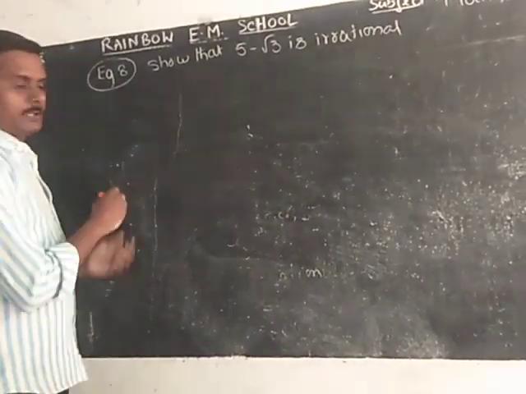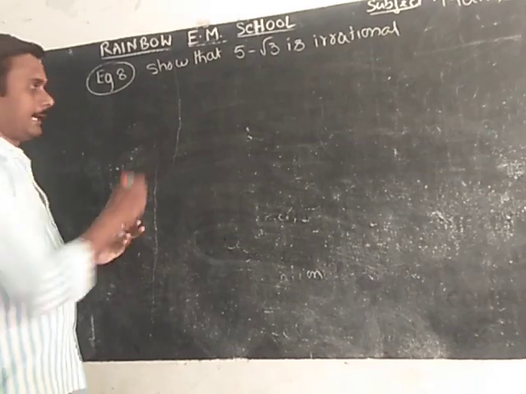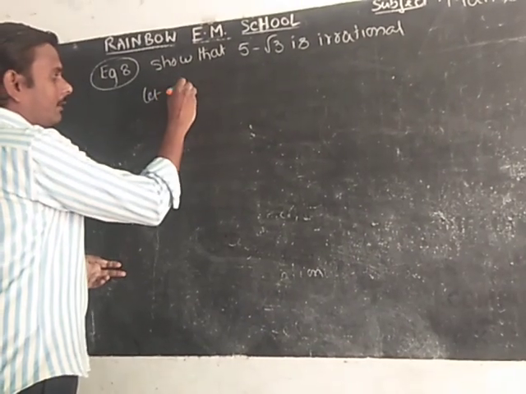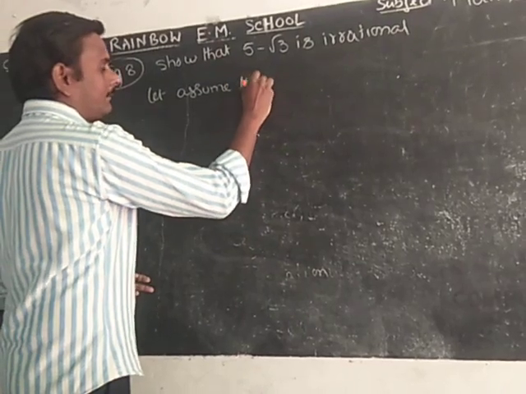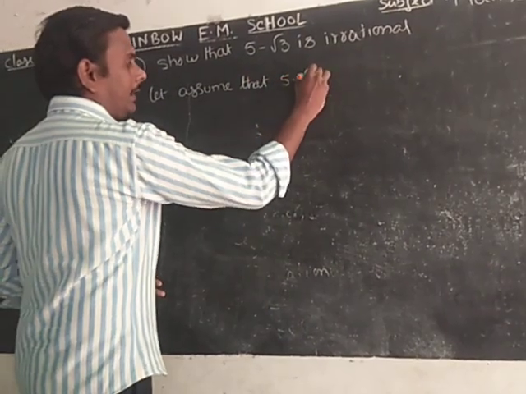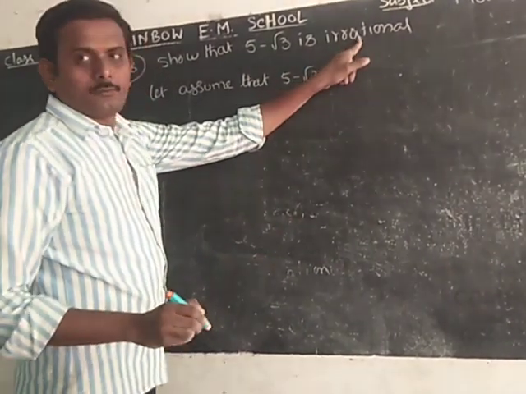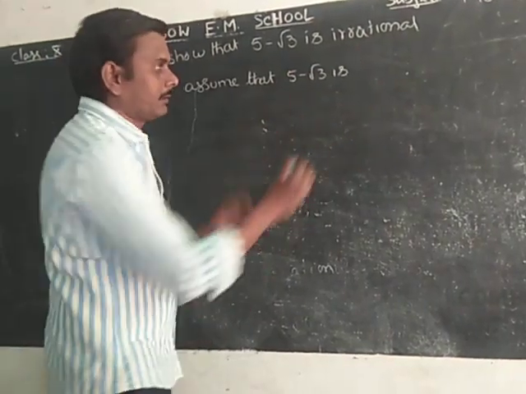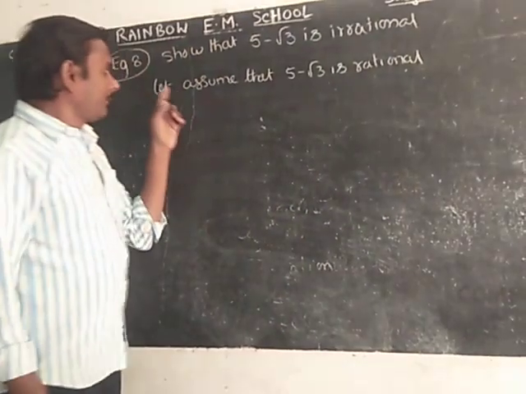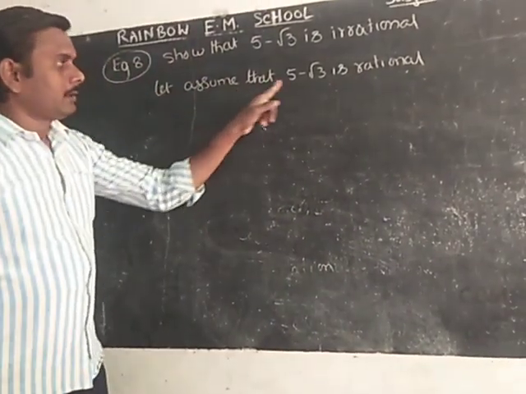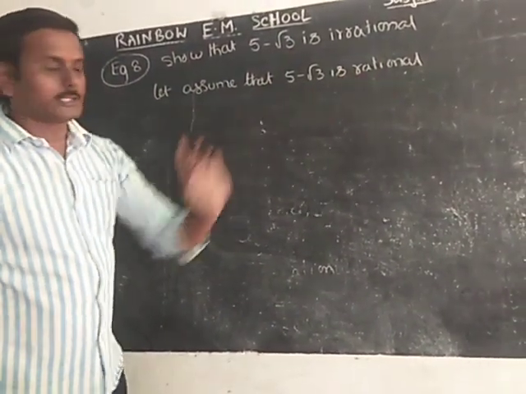First, assume. What is the first assumption? Let us assume that 5 minus root 3 is an irrational number. We have to prove that, so the opposite we have to take here: rational. Let us assume that 5 minus root 3 is rational.